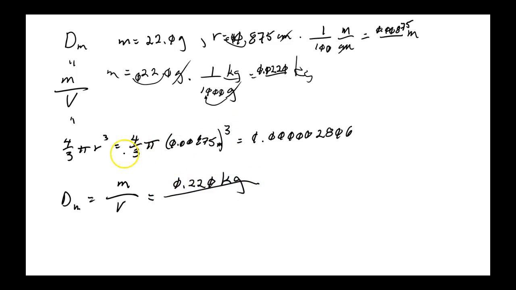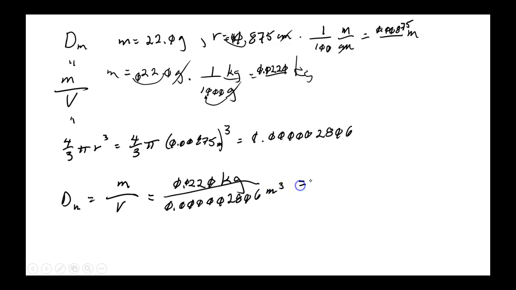Divided by your volume, and that was 0.00. No, I'm sorry, I left off the 0 in front of the 2. 0.0002806. And that would be cubic meters.